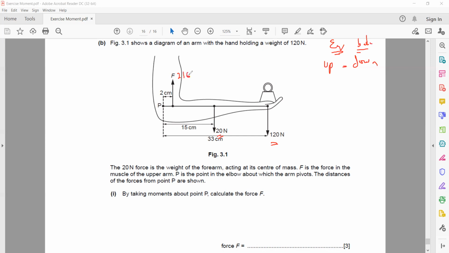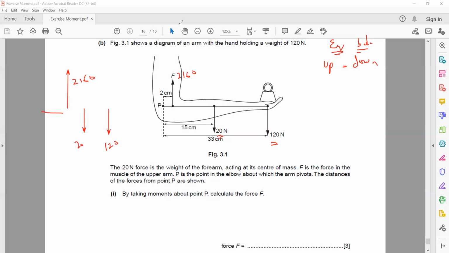So this was 2160. Because the arm must be balanced, the upward force is 2160. One downward force is 20, another downward force is 120.